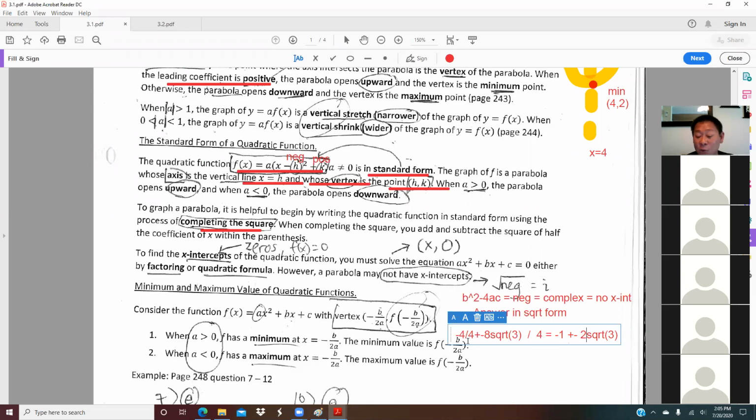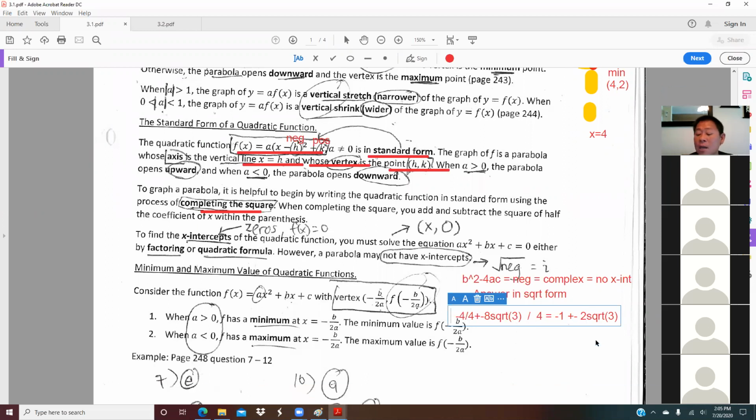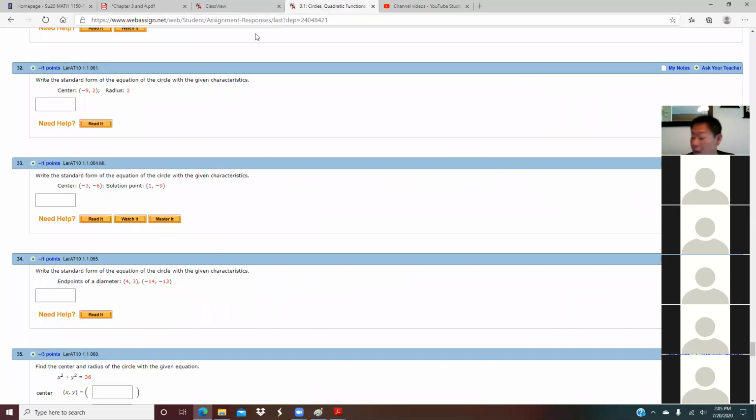One for the non-square root and the other one with the square root. On your test, I accept this as your answer, but on your online homework, they don't like plus minus. You have to separate this into 2 answers, 1 plus and 1 minus.